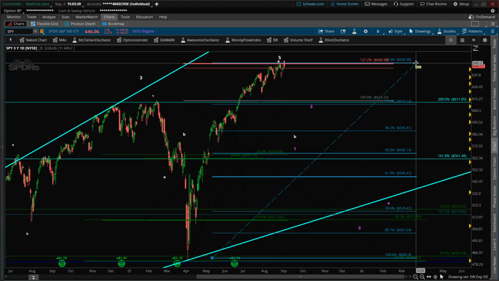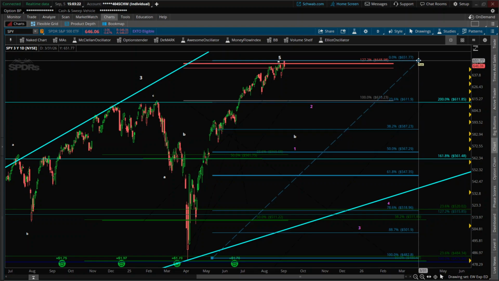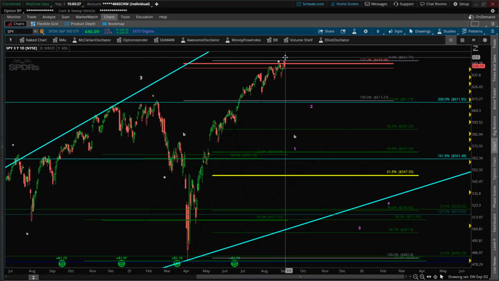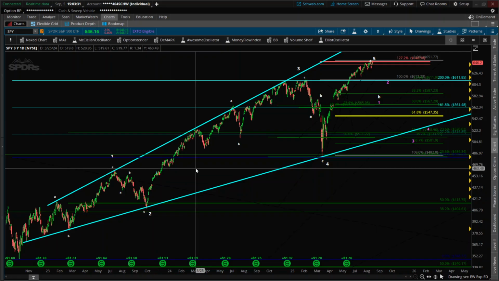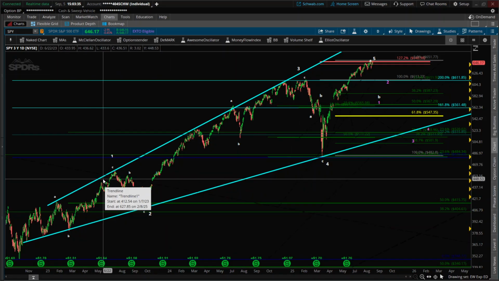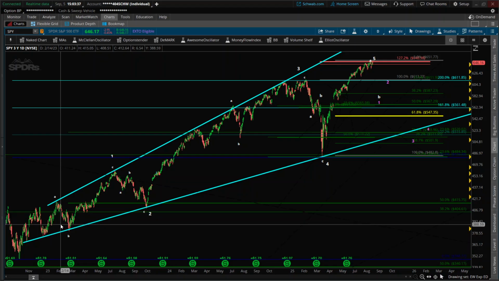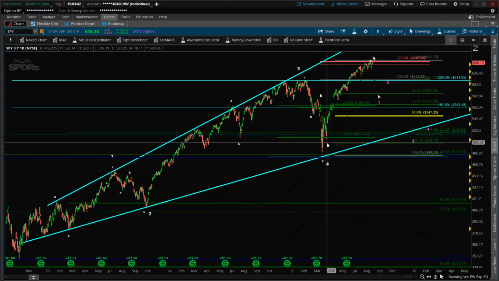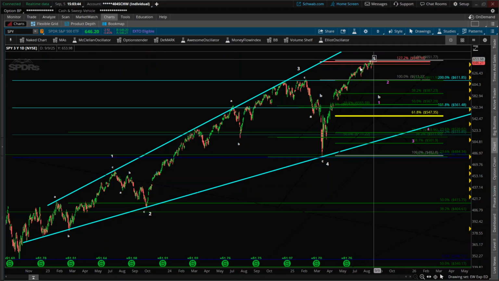We're going to show this again in the weekend video. We're looking for this bull market to be done with this wave 5 right here. If you're new here, this is an expanded ending diagonal. Ending diagonals are made up of 5 waves of 3: ABC for 1, ABC for 2, ABC for 3, ABC for 4, and ABC for 5.